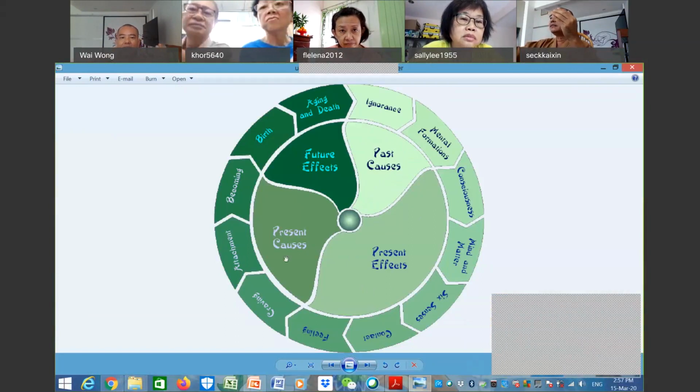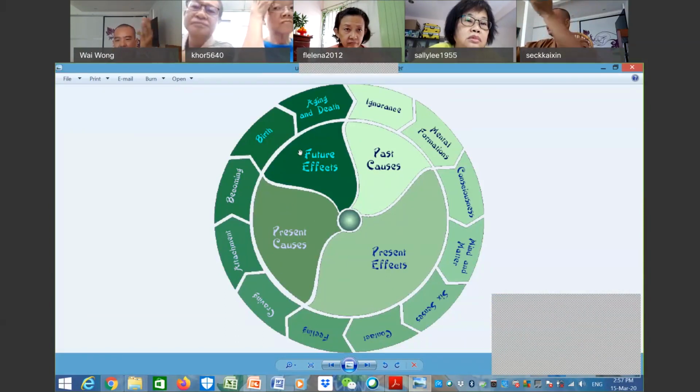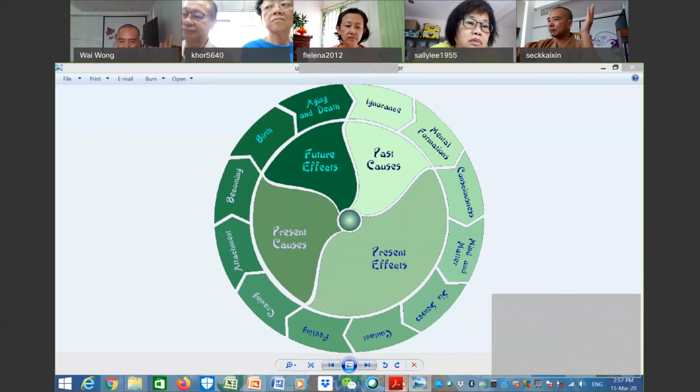And this is the present cause, and this is the future effect. We still see cause and effect as in the Four Noble Truths, but from a different angle only. We will know in detail what angle in the coming lesson.